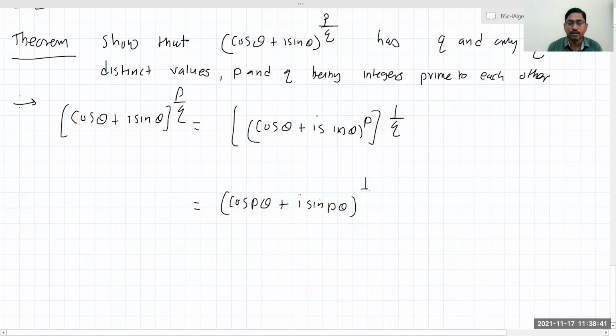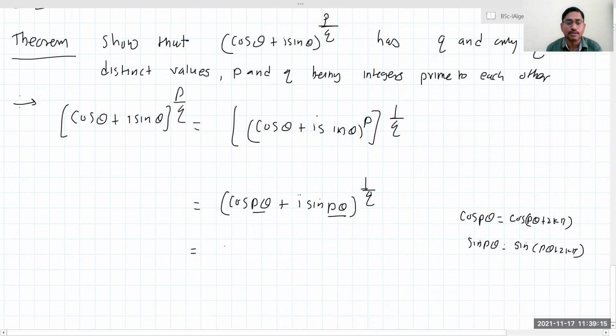Now here you are going to apply it to find roots. When the root concept comes, this value is always principal, which means we have to write the general value of the argument. So cos of p theta is cos of p theta plus 2k pi, and we have to take the value of k from 0 to q minus 1, which gives q values. And sin p theta is sin of p theta plus 2k pi.